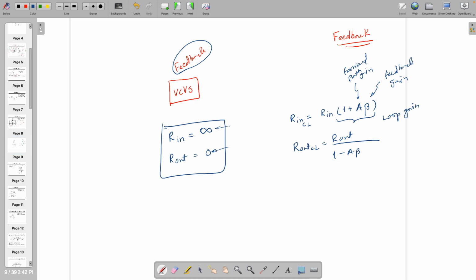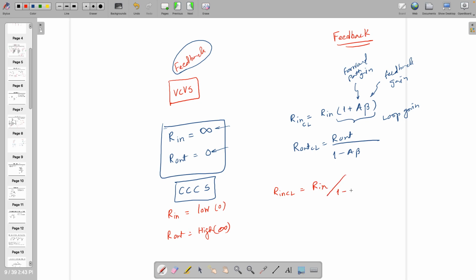And if I ask you, let's say this is a current controlled current source, if I keep it in feedback, first of all, what are the input resistance and output resistance for a current controlled current source? Low and high, or you can say 0 or infinity. So what should be the closed loop resistance in your opinion?